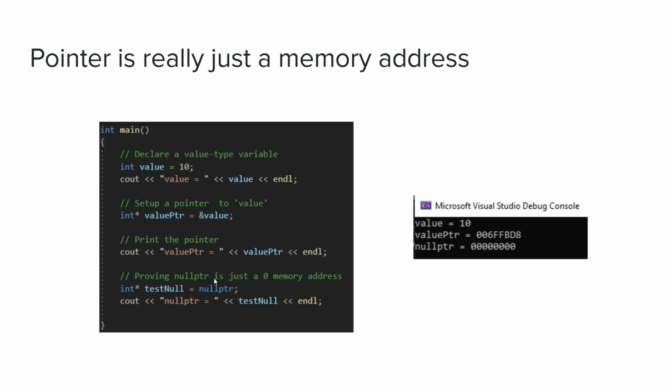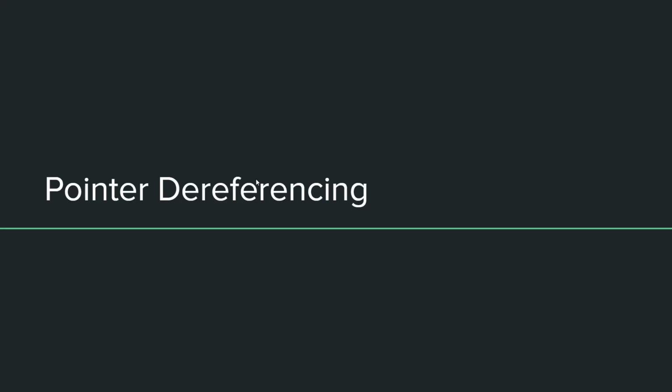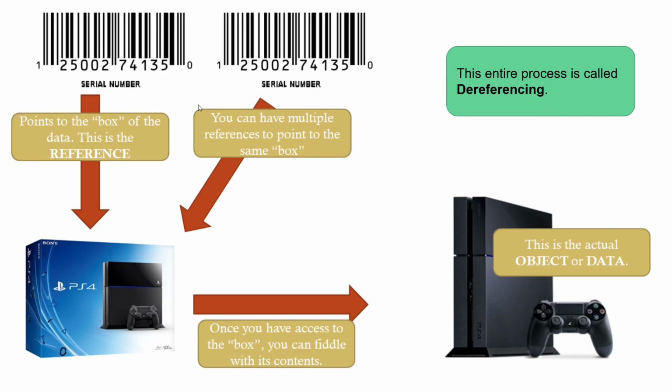But what we want is the actual value. In order to access the actual value, we have to dereference it. Same thing like when you learn a reference, remember we have to use the ampersand to dereference. It's literally the same idea. So we have the pointer. Oh, sorry. Points to the box of the data. This is the reference.